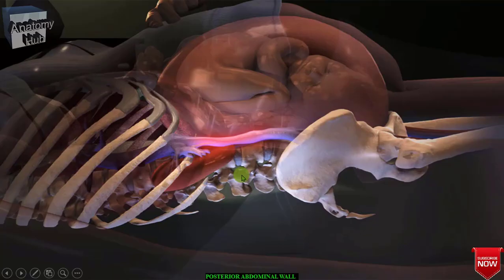Like that, you'll find the compression of the inferior vena cava. This inferior vena cava that you can observe over here is commonly compressed by an enlarged uterus during the last trimester of pregnancy, and this causes edema of the ankle and feet and varicose veins in the lower limb.